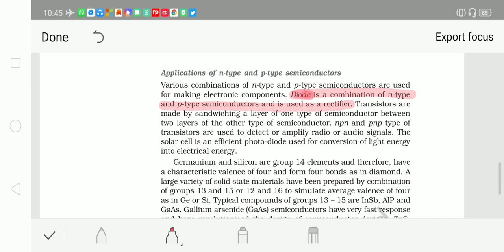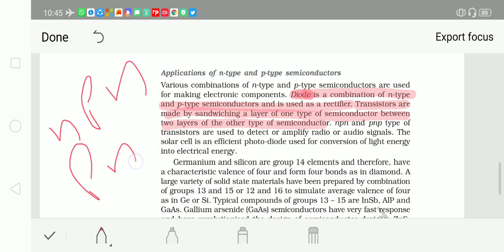Another way is where one semiconductor is sandwiched between two of the other kind. For example, NPN or PNP. These two kinds are termed as transistors, in which in this kind P is sandwiched between N, and in this kind N is sandwiched between P semiconductor. So they are the transistors.